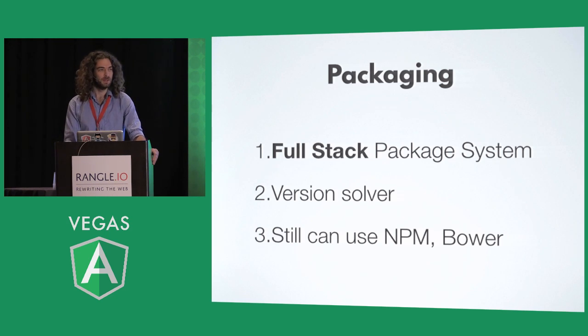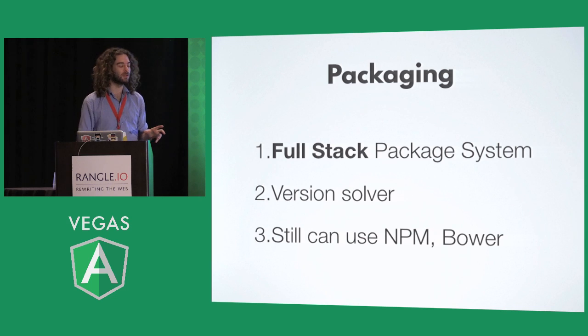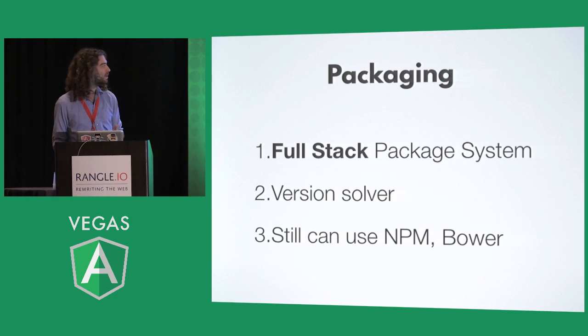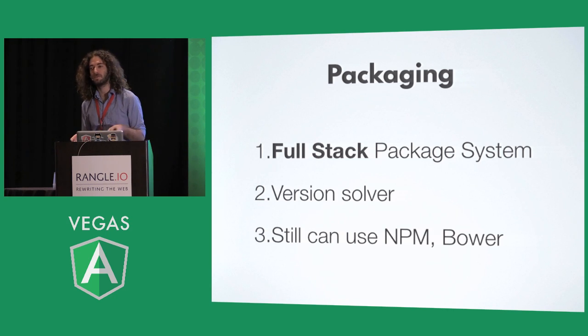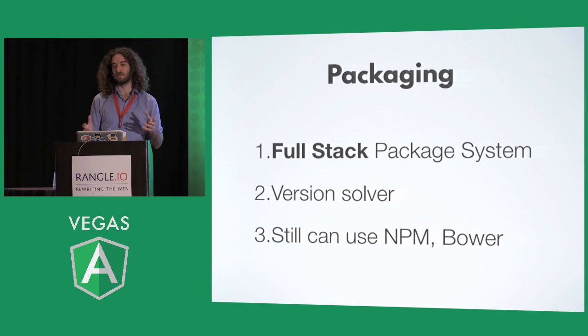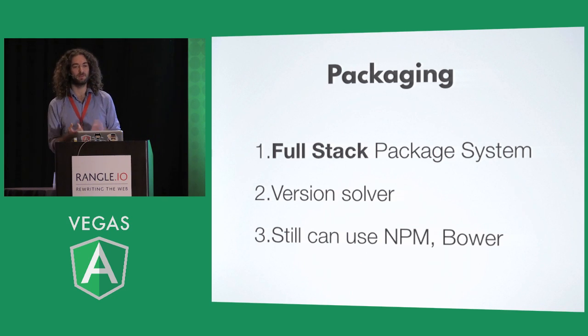development, which means a lot of small things that they do differently from NPM, but the biggest thing is the version solver. If someone here came from another world that is not the node world, they know that, let's say in Ruby, if I have two different components that depend on two versions of Angular, then there's a version solver that solves those problems and will give you one version.